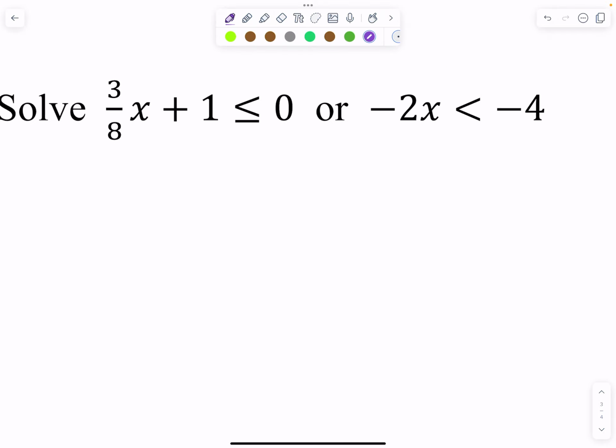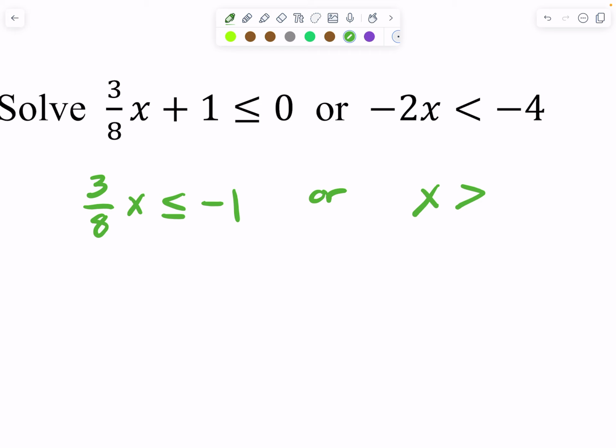Okay, so let's take a peek at this next one. So again, kind of working on each inequality that's part of the compound inequality separately. So we would have 3/8 x is less than or equal to -1 when we subtract 1 from each side of the inequality. And then we do have to think about when we divide by -2, we have to flip the inequality symbol.